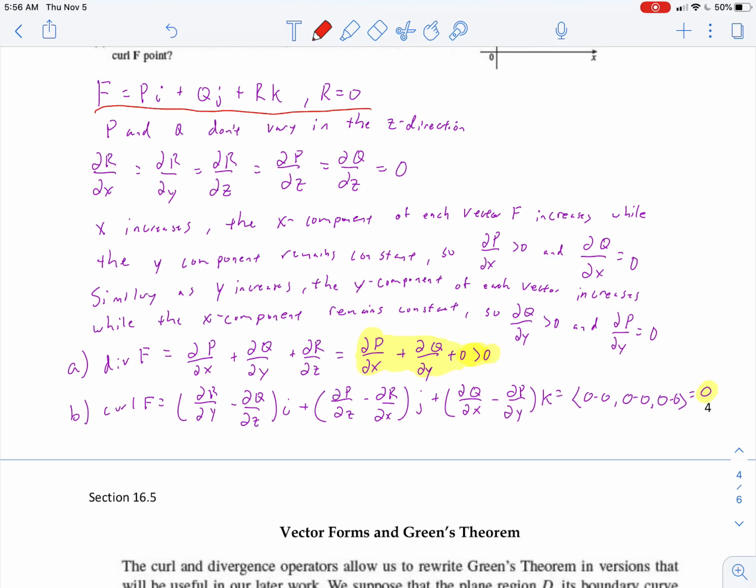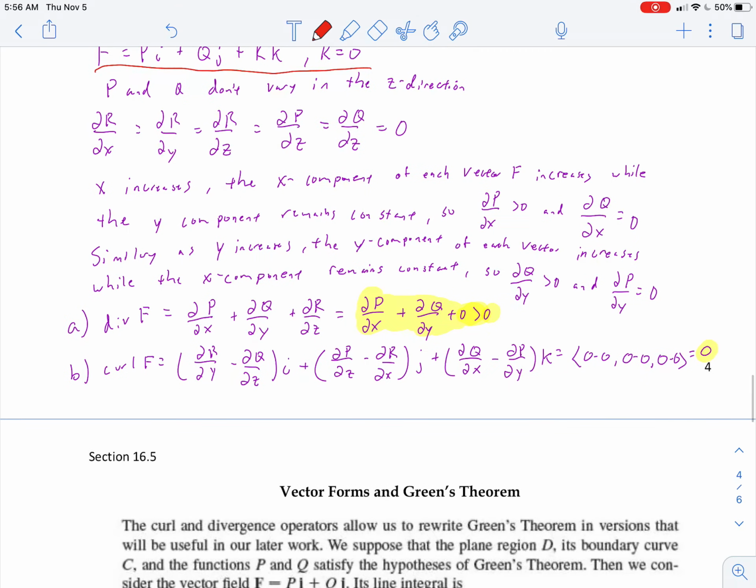The curl of F, when I look at that, I'm just plugging into that formula from the very beginning of class. And when we plug these in, well, that's 0, that was 0, 0, 0, 0, 0. So when we looked at everything, I'm just going to be getting 0 values for all of these.